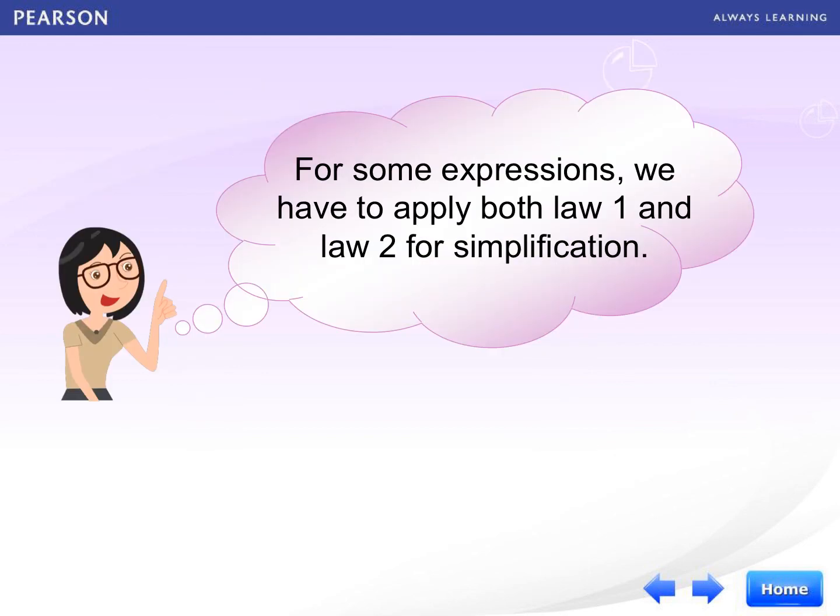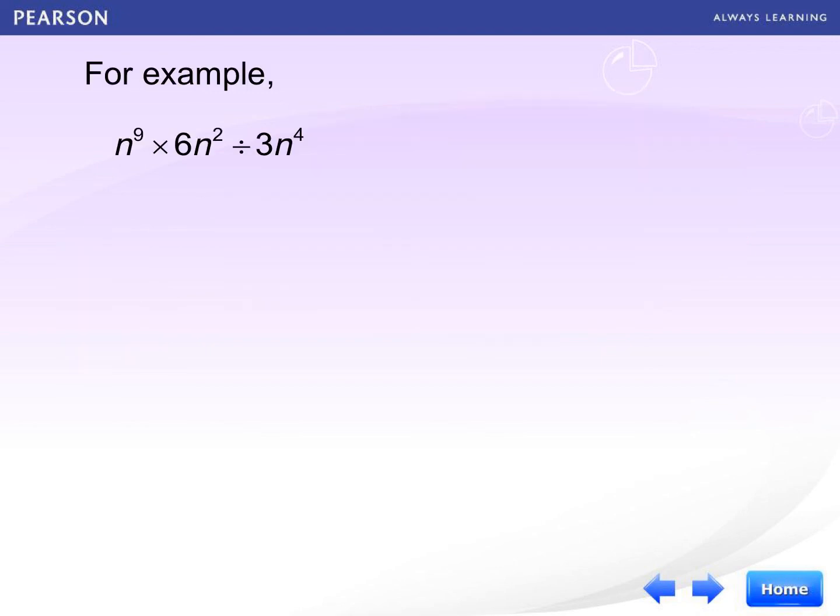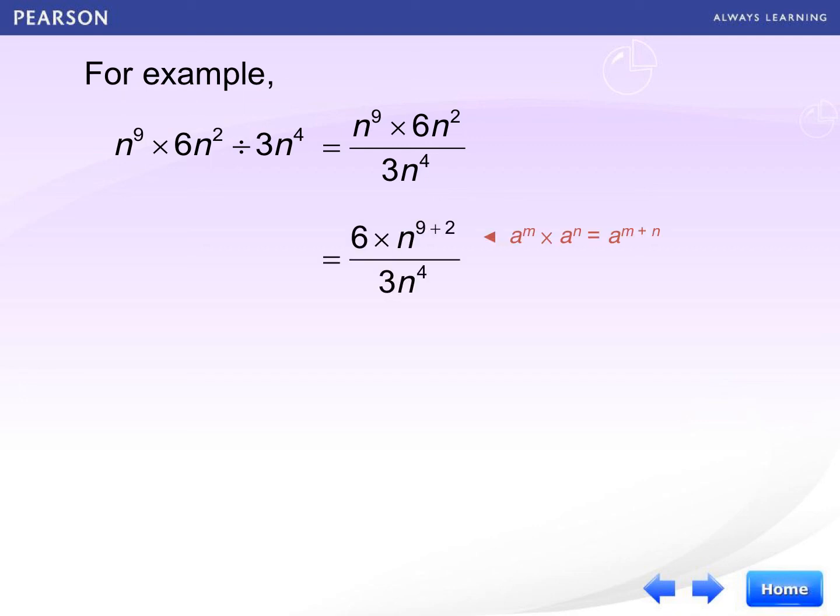For some expressions, we have to apply both law 1 and law 2 for simplification. How to simplify this? First, we write it as a fraction, which is easier. Then put the number at front, so it will be 6 divided by 3 for the numerical part.